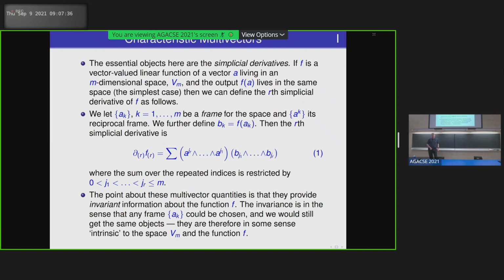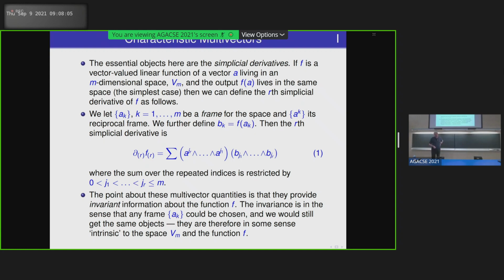It's a sum over repeated indices upstairs, downstairs here, restricted by this ordering, and it's a sum of the reciprocal input frame wedged together here on the left, and the downstairs output frame on the right. And this is a full geometric product between them. So this is going to have potentially all even elements of the space as output.